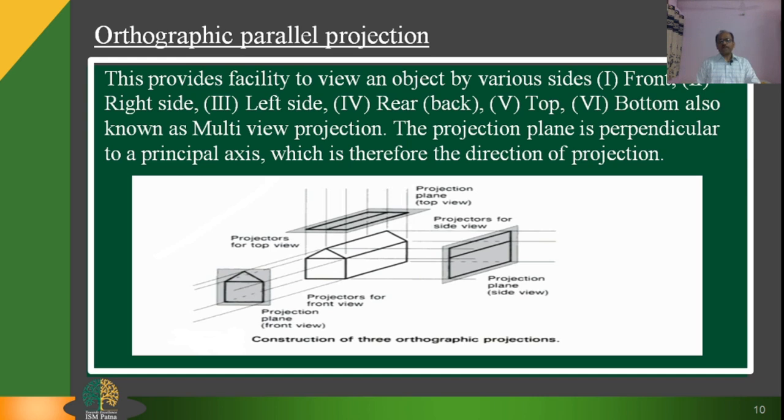The most common types of orthographic projections are the front elevation, top elevation, also called plan elevation, and side elevation projections.